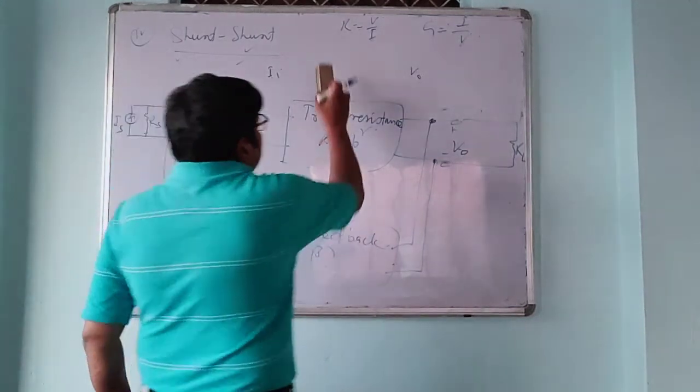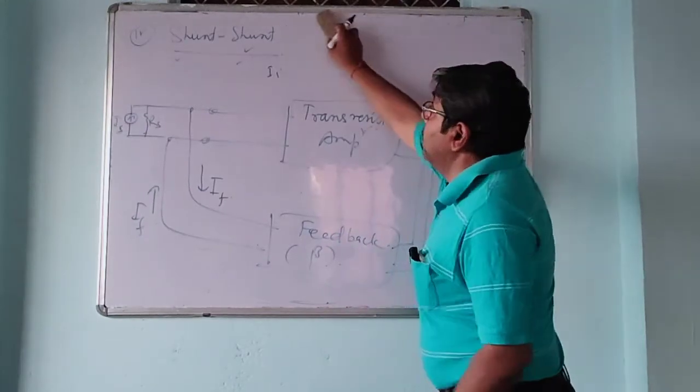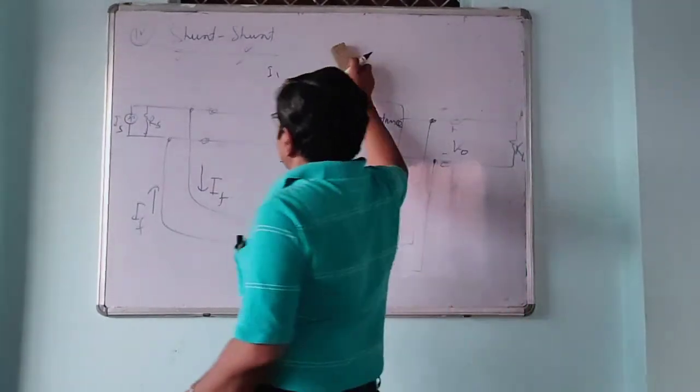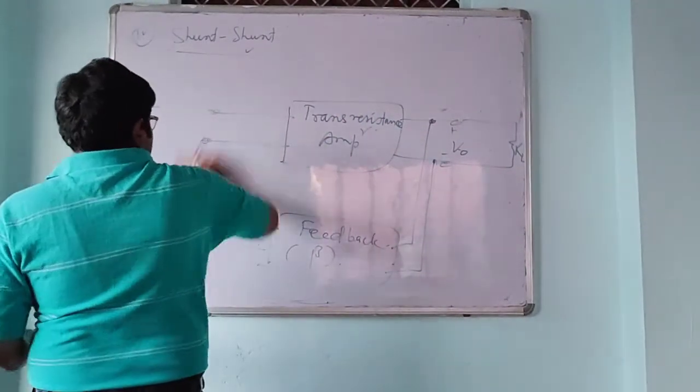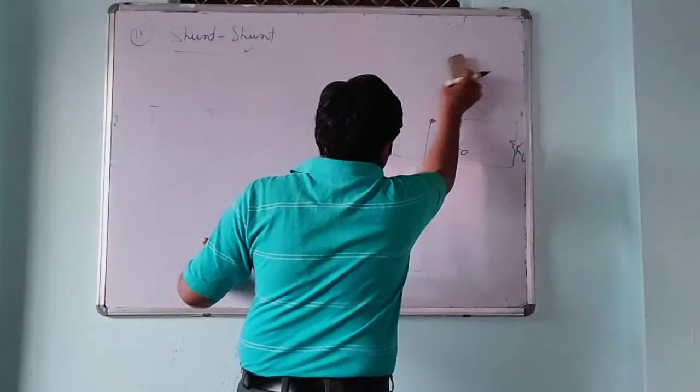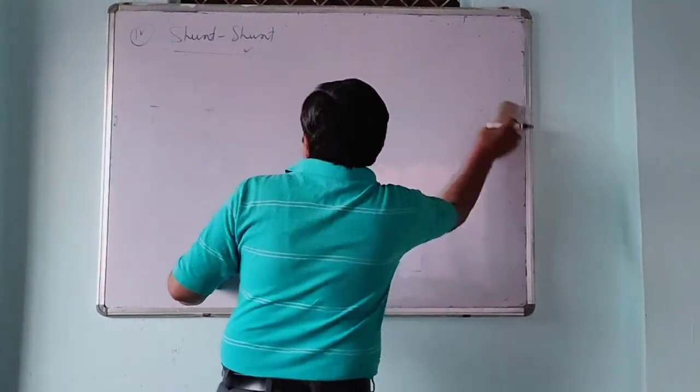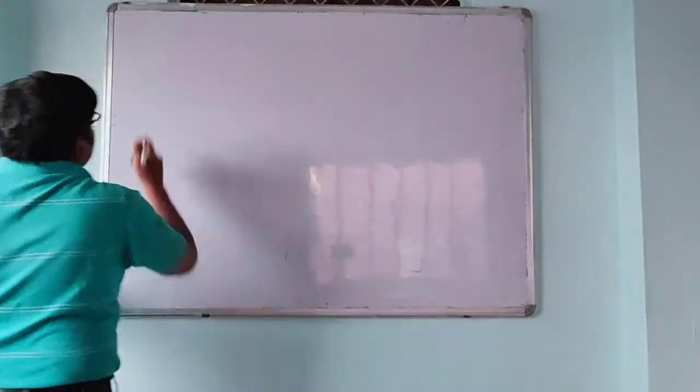One more important thing is nomenclature. Sometimes nomenclature is different. There are 4 topologies you can see here.